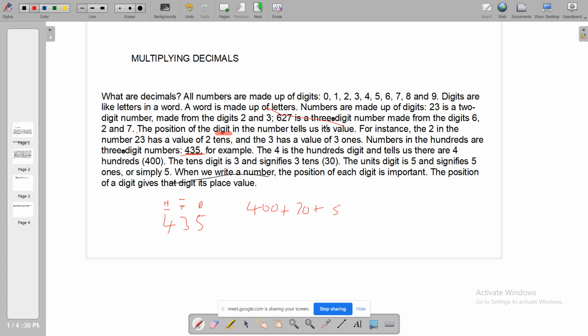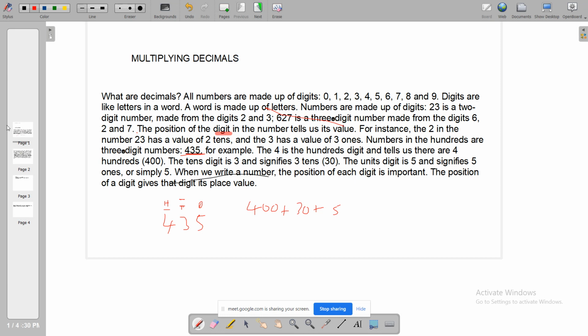So the unit digit is 5, and the value of it is 5. So when we write a number, the position of each digit is important. The position of a digit gives that digit its place value.